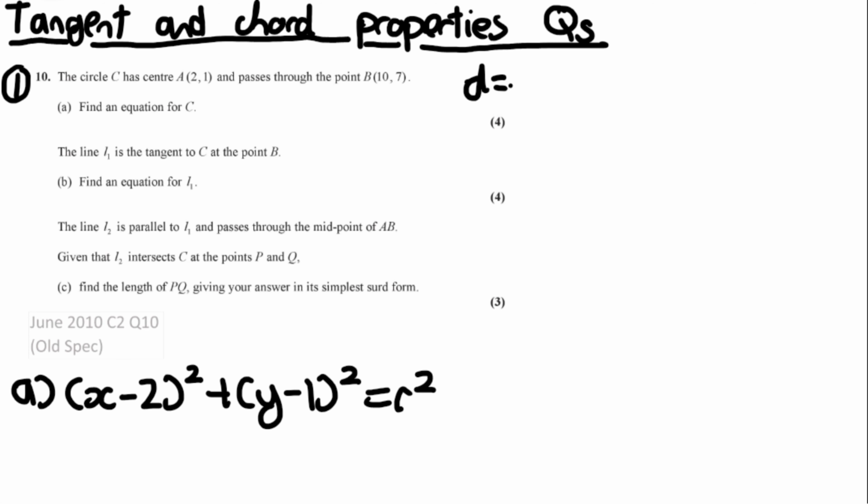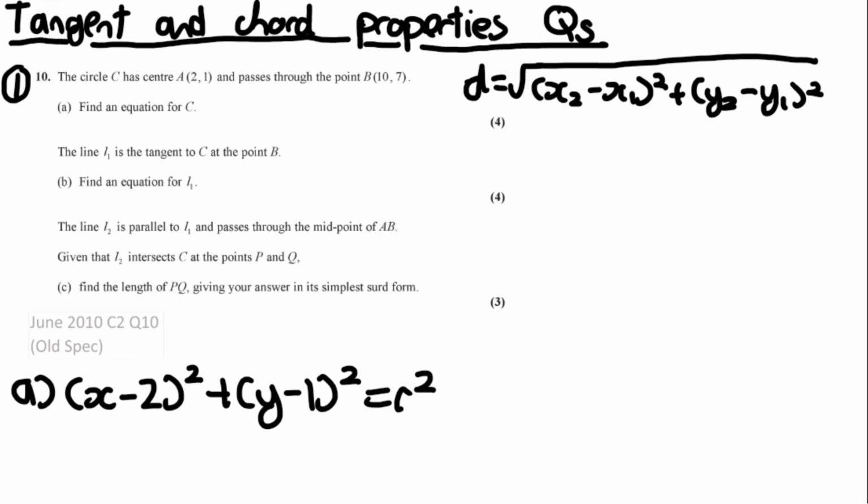So we can use a distance formula, which is the square root of (x2 - x1)² + (y2 - y1)², and all of this is square rooted, and if we sub the values in we can get the radius.